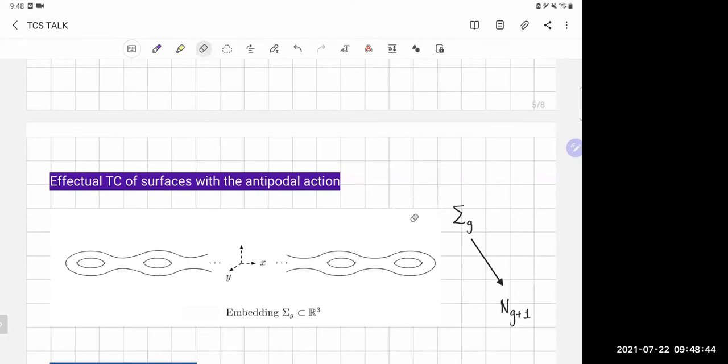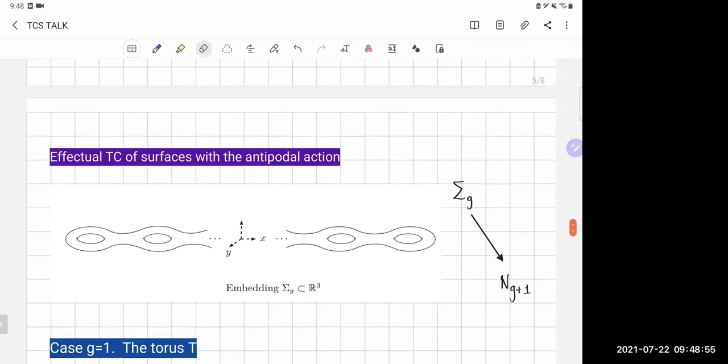So this action changes the sign of each coordinate of every point here. This makes sigma g into a C2-space with quotient the non-orientable surface of genus g plus 1. The case g equals 0 is the two-dimensional sphere, for which we don't know the answer. It can be 2 or 3.